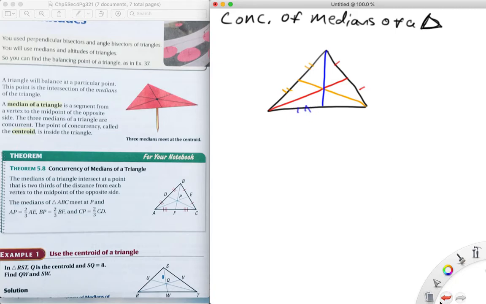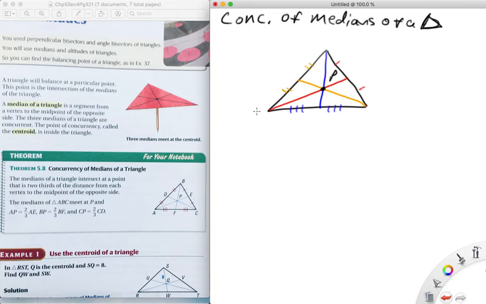The point at where they meet, we'll call this point P, right here.